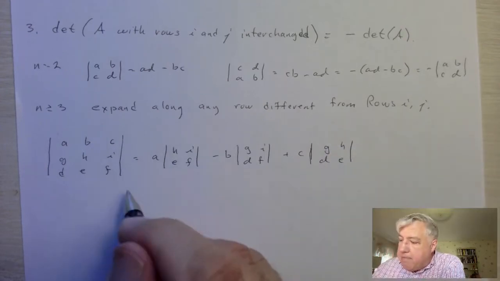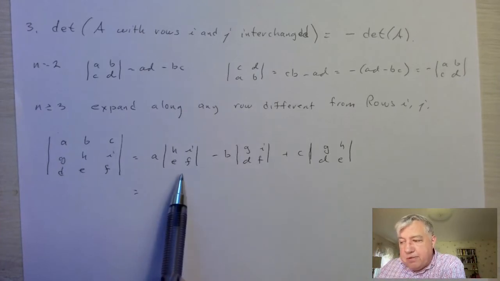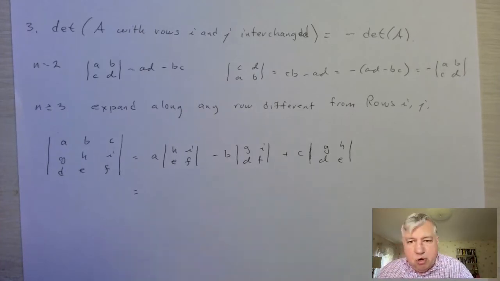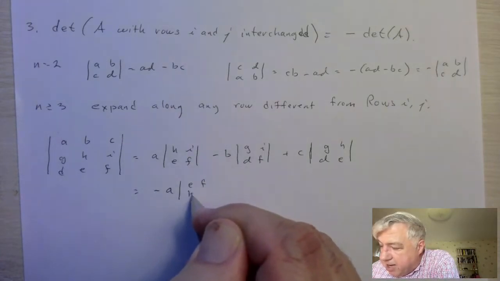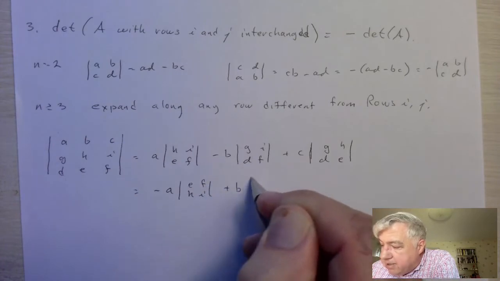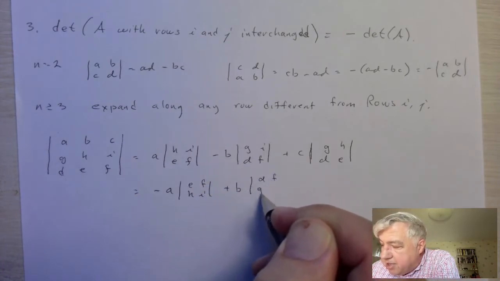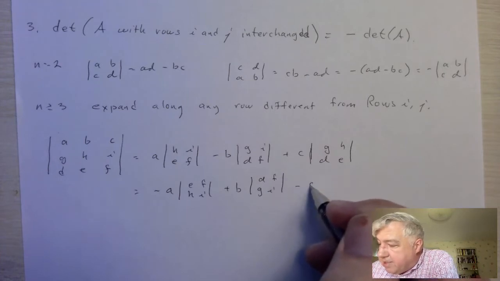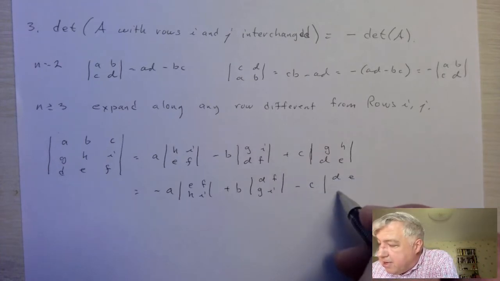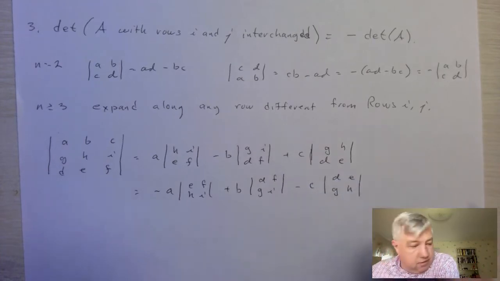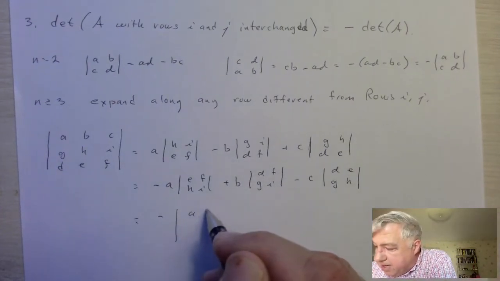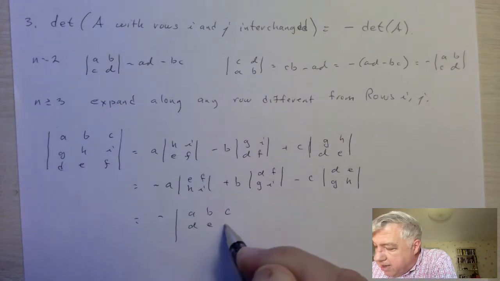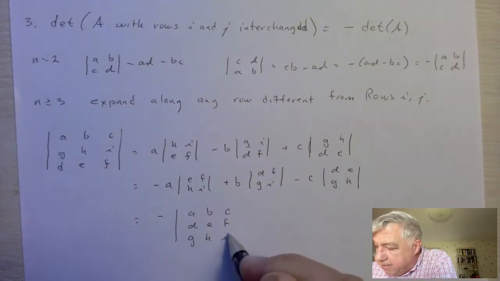Okay, and because we've just proved that interchanging two rows on a 2 by 2 matrix changes the sign of the determinant, this is going to be minus A times EFHI plus B DFGI minus C DEGH, and this in fact is going to be minus the determinant of ABC DEF GHI.